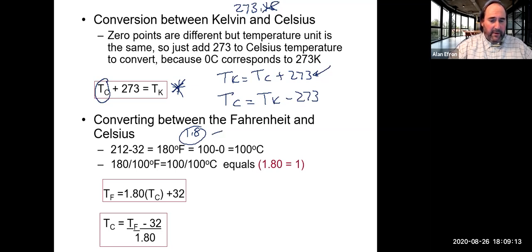It's also the same as a fraction you may have learned a long time ago. You'll sometimes see people use the 9/5 fraction, which, if you take 9 divided by 5 in your calculator, gives you 1.8. So you could use the fraction if you like.